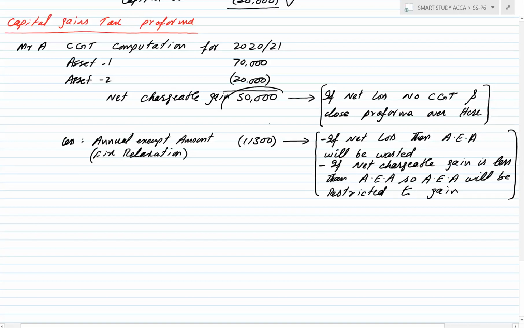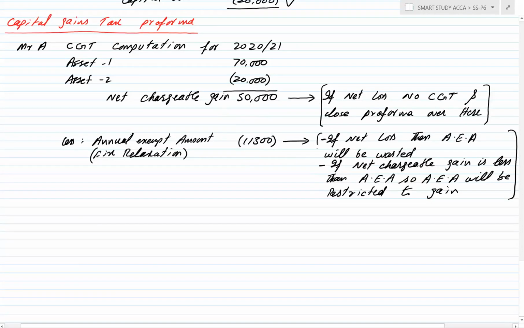So if we have a loss over here, simply we are going to waste the annual exempt amount. On the other hand, for example, if we have a gain of, instead of 50,000, suppose 7,000 over here, we are not going to claim the full annual exemption. We are just going to claim an annual exempt amount of 7,000, and the remaining annual exempt amount will be wasted. Okay.